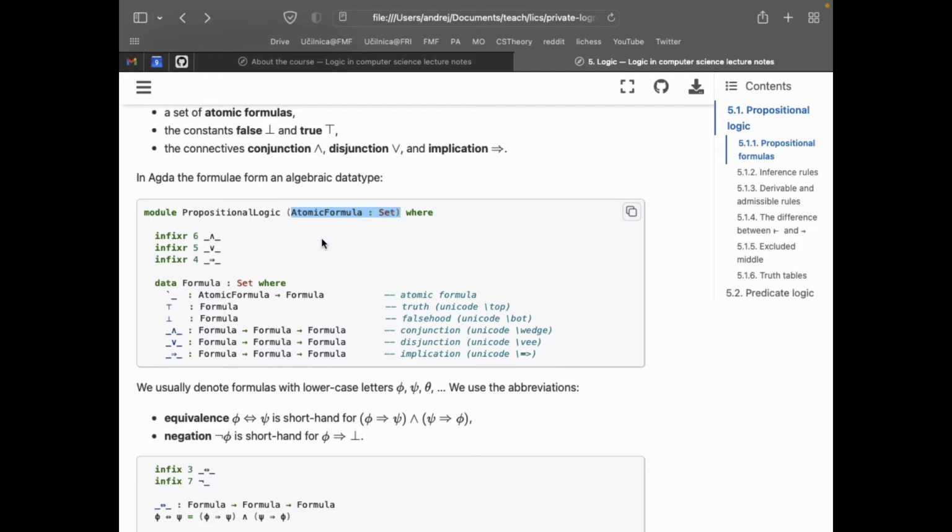Now, what this is would depend on what you're doing. If you are a logic textbook, you would just have, for each natural number n, an atomic formula p sub n, because the only thing you care about is that you never run out of them.